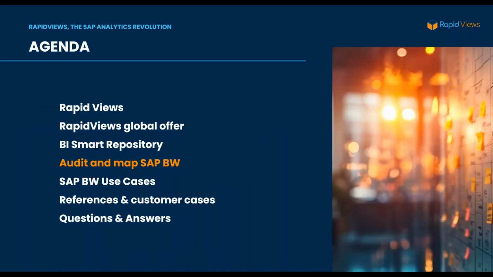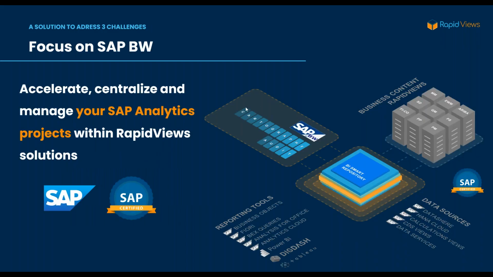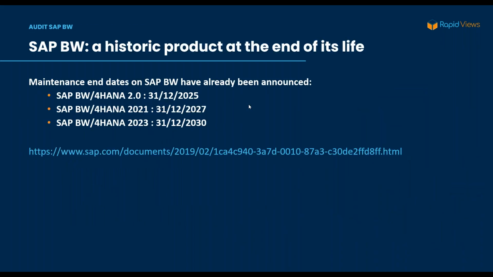So why do you need to audit and map your SAP BW objects today? Well, SAP BW is old technology. It's been on the SAP market for, I don't know, the last minimum 20 years, even more.